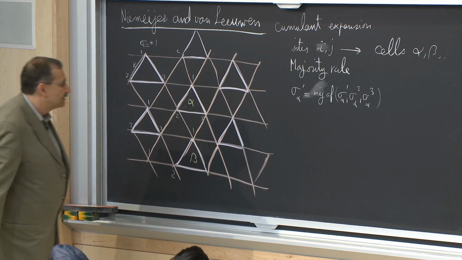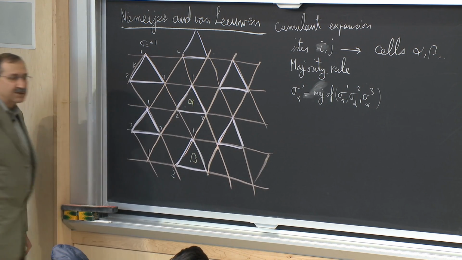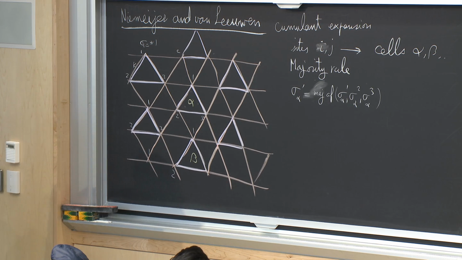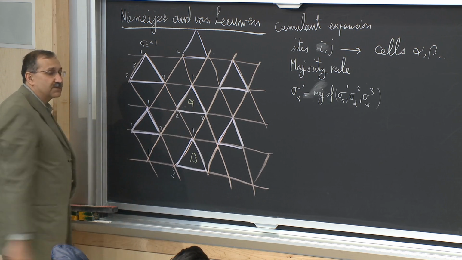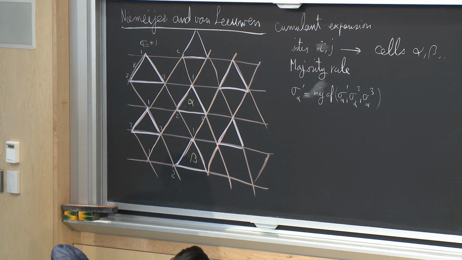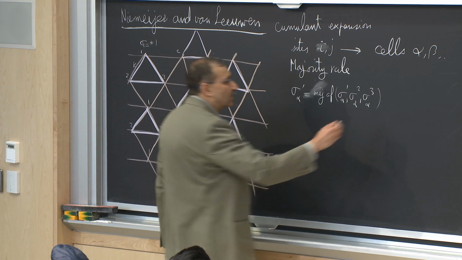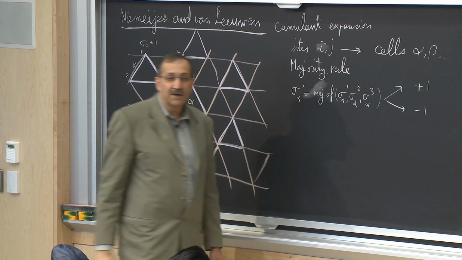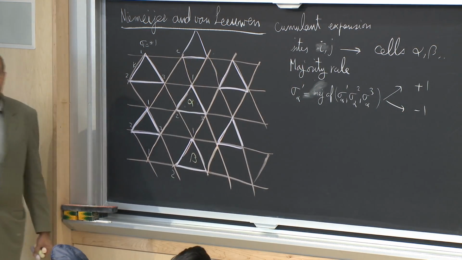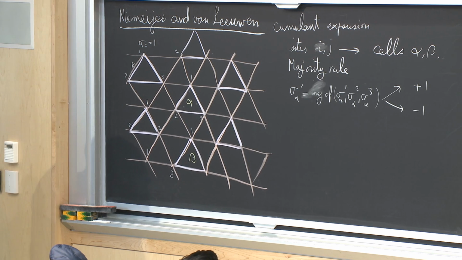So basically, if all 3 spins are plus, or all 3 of them are minus, you basically go to plus or minus. If 2 of them are plus and 1 of them is minus, you would choose the one that is a majority. So you can see that this also has only 2 possibilities, plus 1 and minus 1, which would not have taken place if I had tried to do a majority of 2 sides.